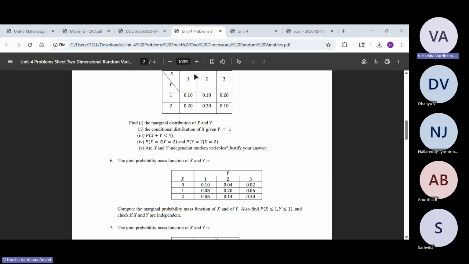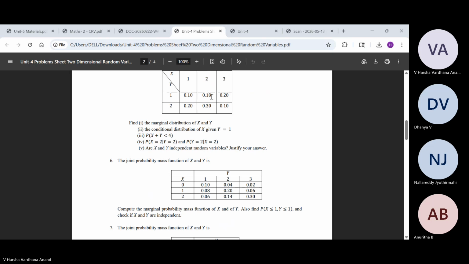If x and y are independent, y's value should not change whether x is 1, 2 or 3. So the joint probability should not change. Here it's changing. So if all of these are not the same value, then x and y are not independent.